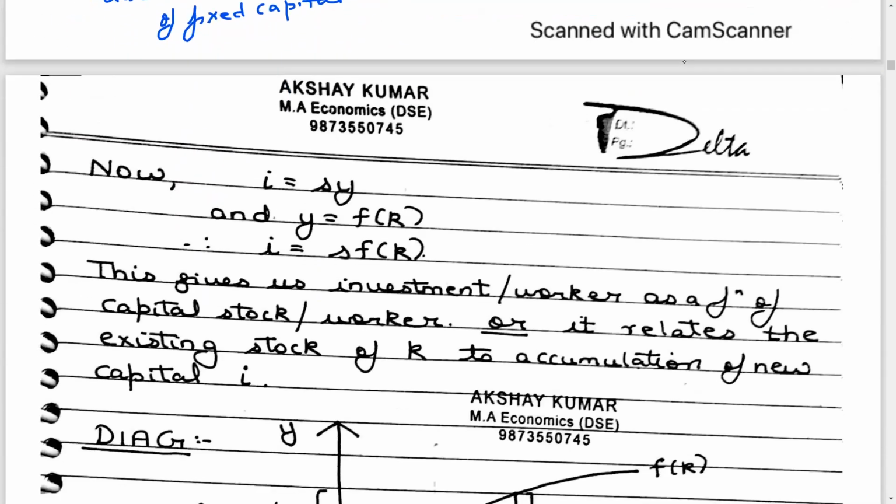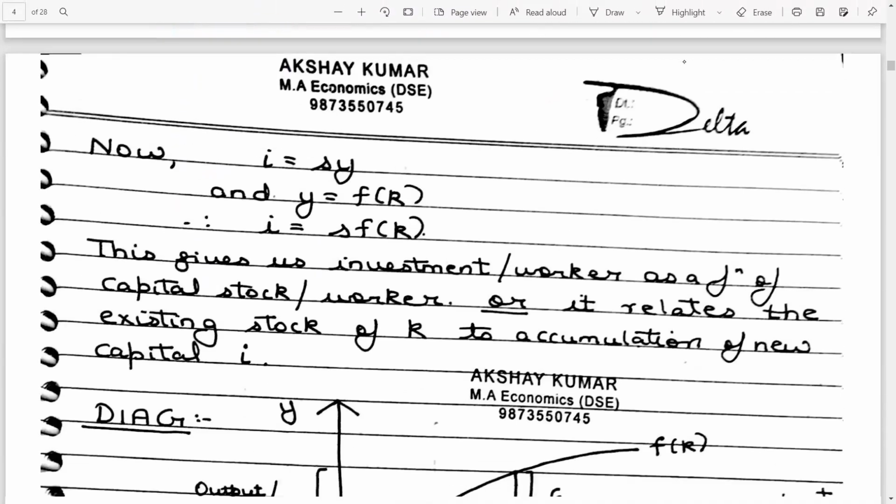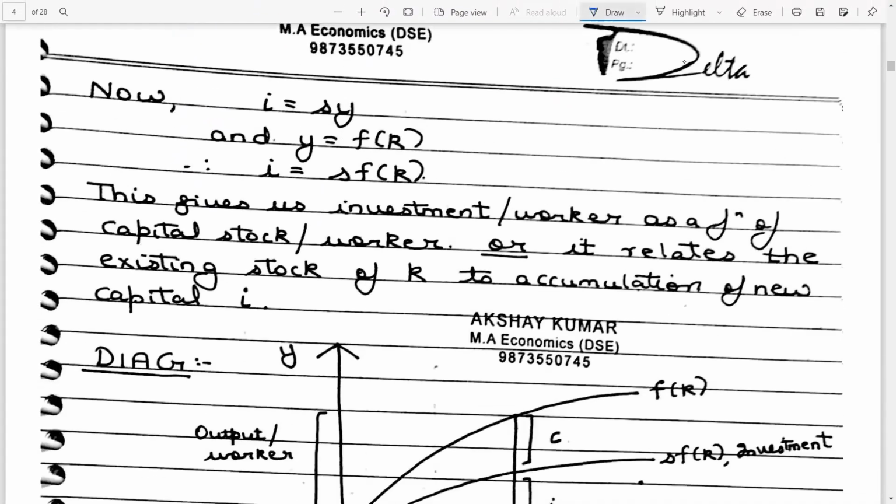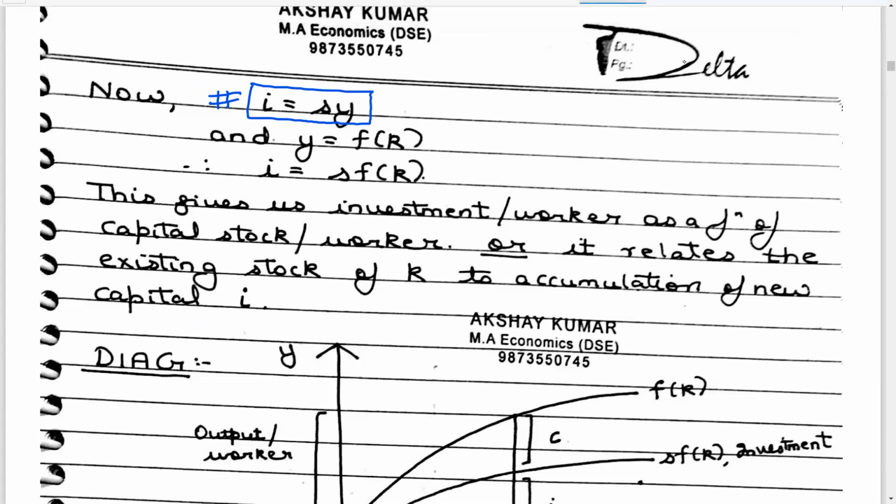So now let's come to the equations. We had done this equation: investment is equal to savings, I is equal to S times Y. We had done this equation, and we know that output per worker is nothing but a function of the capital stock per worker.